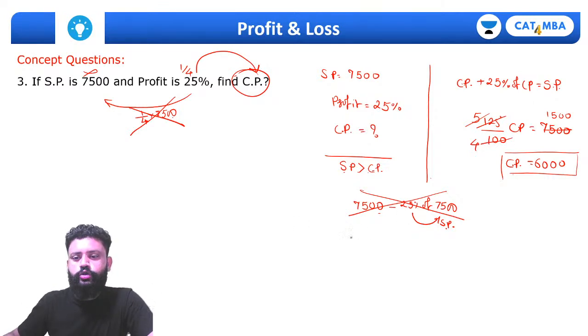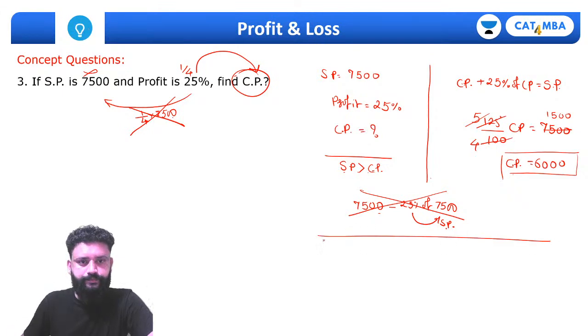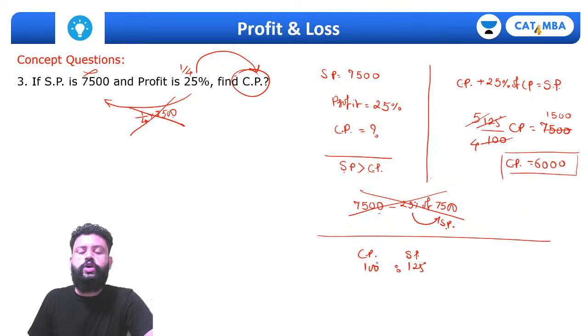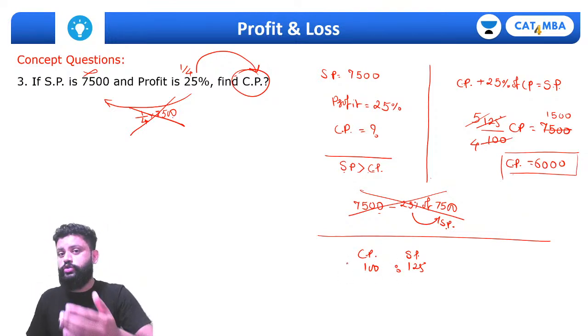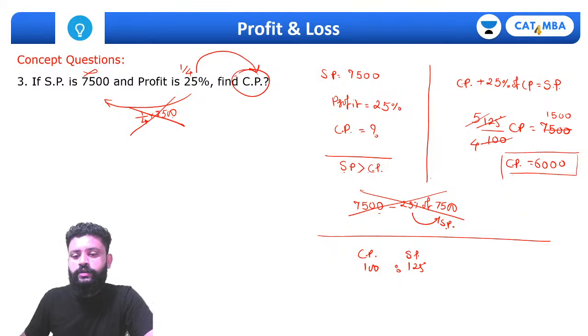Okay, the other way to do it is: 7500 and there's a profit of 25%. The other way you can do it is, if cost price is 100, selling price must be 125, and if you take the ratio, today we had to learn how we can use ratios here. Okay, so if you use ratios, you can write 4:5.